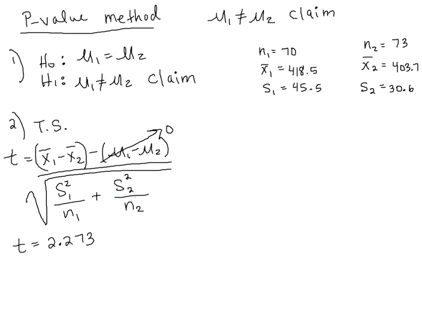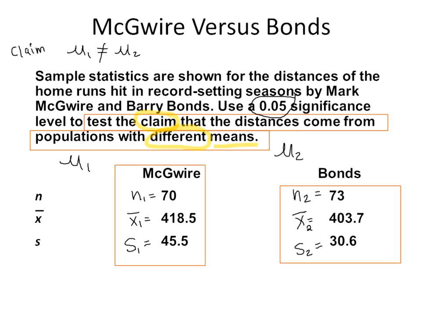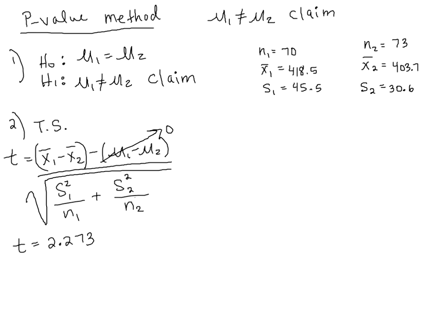Okay, so remember that my test statistic is 2.273. Alpha is 0.05, but that is only important at the very end when you're comparing your p-value to alpha. That's when it's important. So all I need really is my test statistic. Okay, so 2.273.